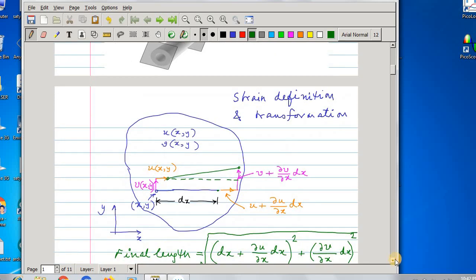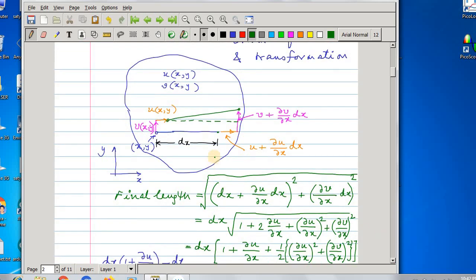Now what are these strains? Suppose in a body we take a fiber or an element of very small, infinitesimal length dx, which is parallel to the x-axis.